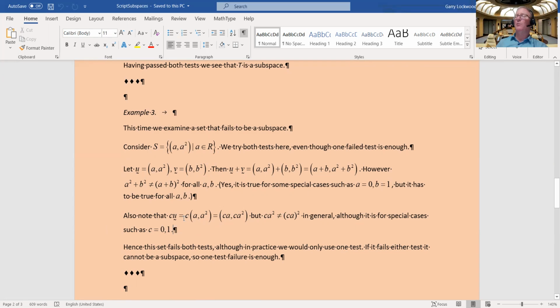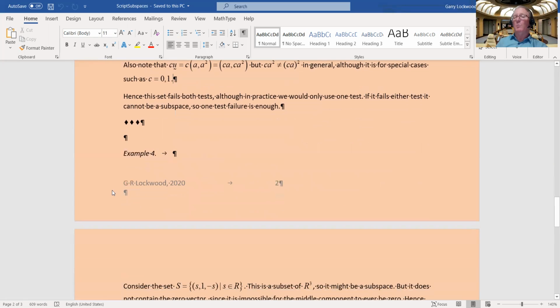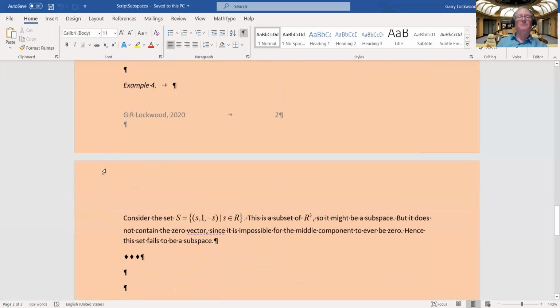But it's got to be true for all C and all A, and it isn't. So it fails the second test, and either of those failed tests would be enough to say this is not a subspace. So we would normally not do both tests unless the first test passed.